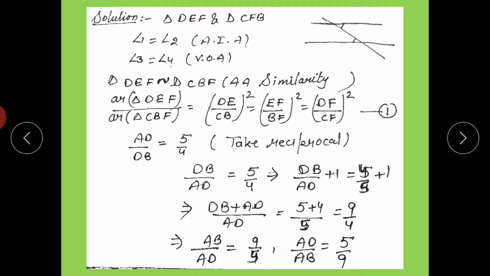That gives us AB upon AD is equal to 9 by 5. Then again take the reciprocal: AD upon AB is equal to 5 by 9.